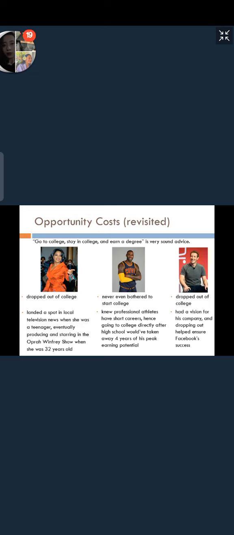Still in accounting costs, you can see here, economic profit includes your economic cost or opportunity cost, which is your implicit cost and your explicit cost. Meanwhile, your accounting profit only takes the accounting cost or explicit costs.